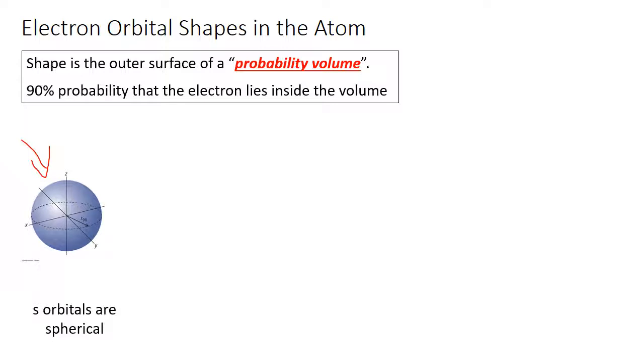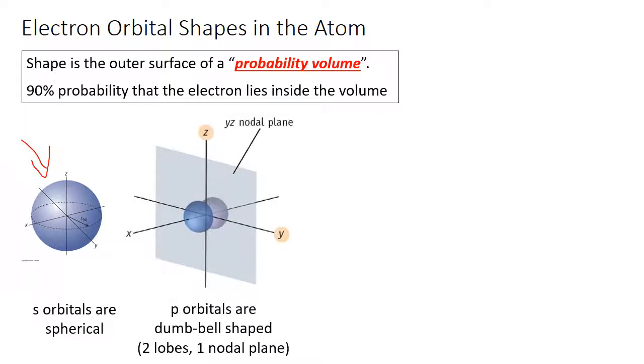Let's look at the general shape for orbitals with L equals 1. The p orbital, corresponding to L equals 1, has a basic dumbbell shape with two lobes, one on one side of a plane and one on the other. The place where the shape goes exactly to 0 is right at the nucleus, the point between those two lobes of the orbital.